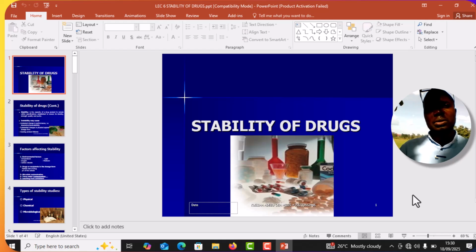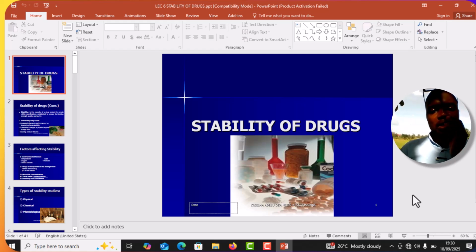Then we said also, besides being stable, it should be safe for patient use. It should be efficacious and effective. Those are the four major aspects of an ideal pharmaceutical product.